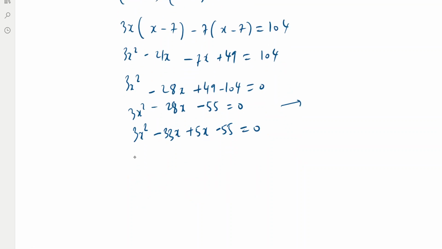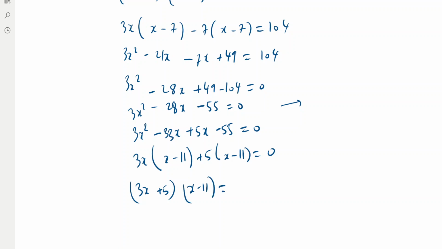So you take 3x out of the bracket, it is x minus 11, plus 5, you have x minus 11 equals 0. So you have 3x plus 5, x minus 11 equals 0. So 3x plus 5 equals 0, or x minus 11 equals 0.